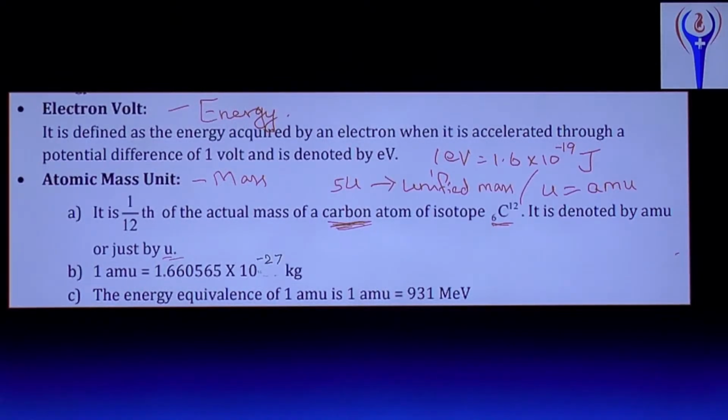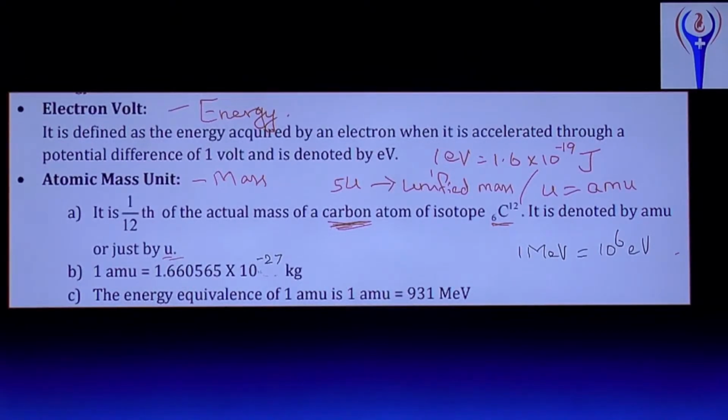And the energy equivalence of 1 AMU: 1 AMU equals 931 MeV. What is MeV? EV, we just discussed. What is EV? Electron volt. MeV means million electron volts. 1 MeV equals 10 power 6 EV, since million is 10 power 6.